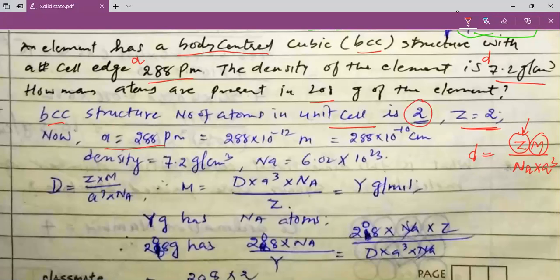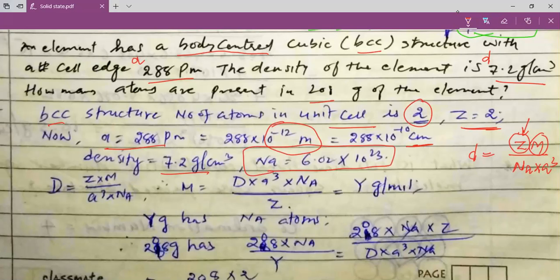A is equal to 288 picometer. Picometer means 10 to the power minus 12 meter. So we just multiply 288 into 10 to the power minus 12 meter. And if we want to write it in centimeter, we will write 288 into 10 to the power minus 10 centimeter. Density is given as 7.2 gram per centimeter cube. And we know that our Avogadro number Na is equal to 6.022 into 10 to the power 23.